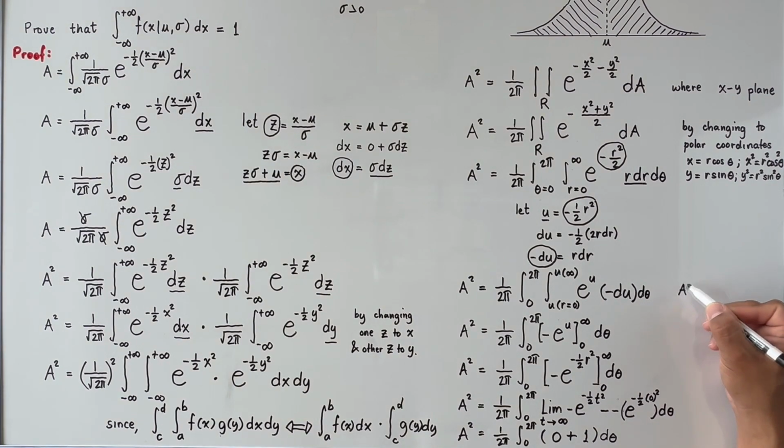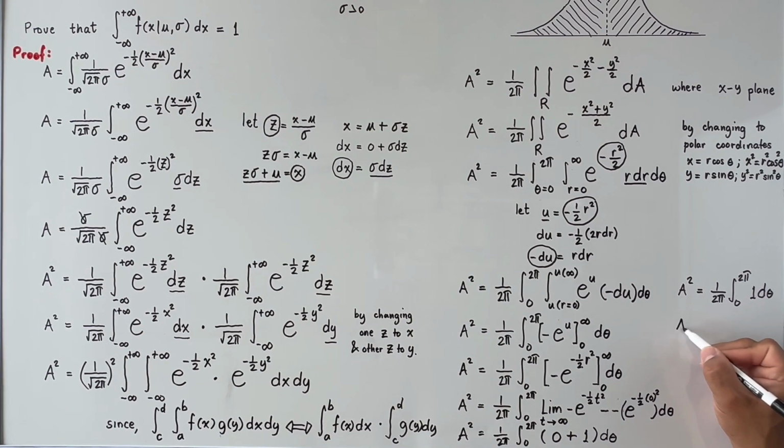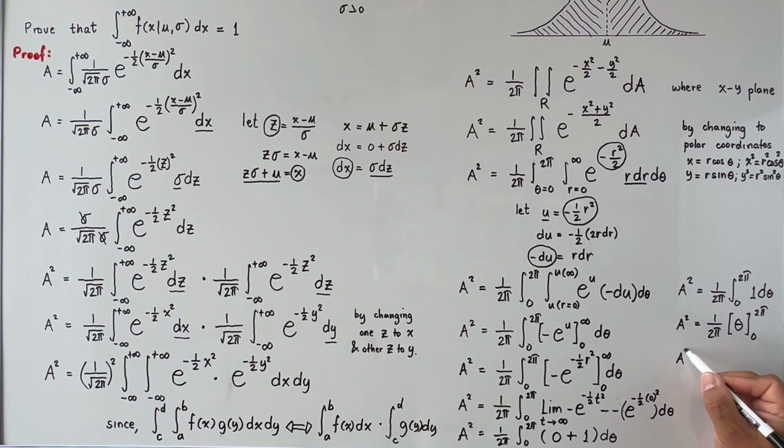So our area squared is equal to 1 over 2 pi times the integral from 0 to 2 pi of 1 d theta, which can be integrated, that is equal to theta itself, evaluated from 0 to 2 pi. So, evaluating this integral, this is equal to 1 over 2 pi times 2 pi minus 0.